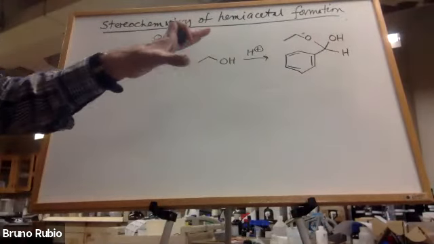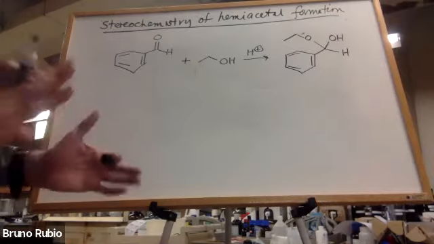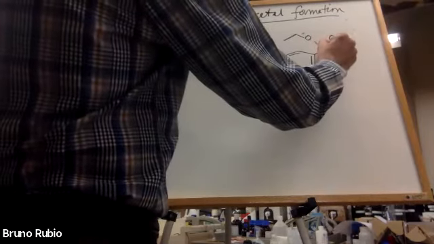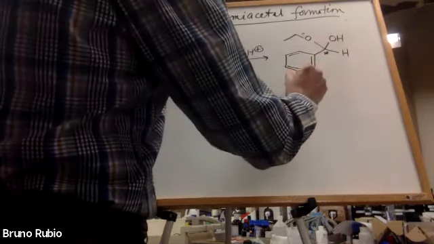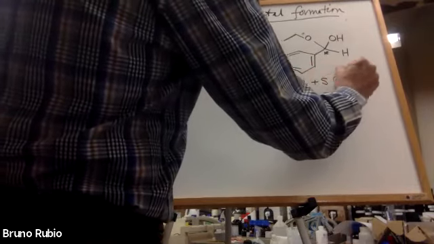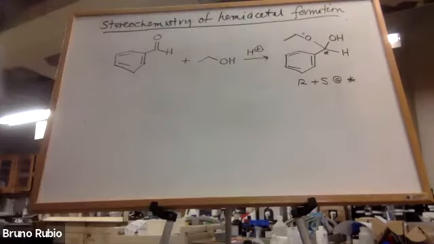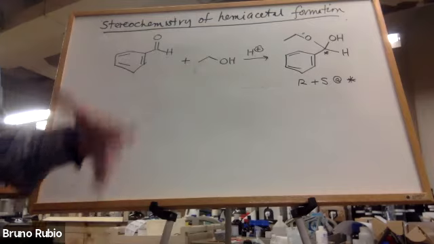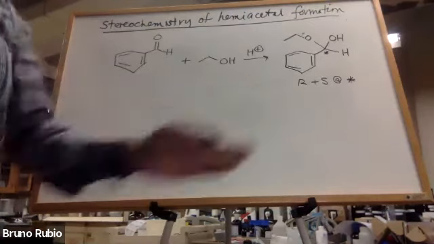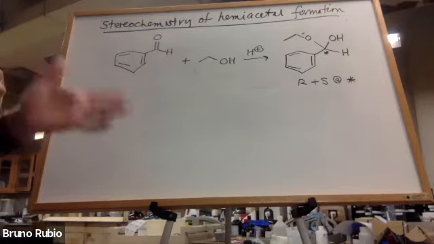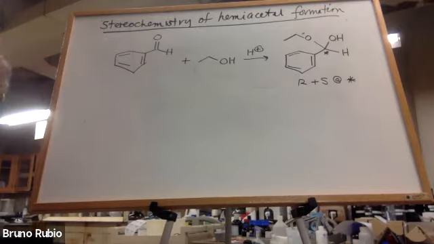So what I've drawn there doesn't have any dashing and wedging, but I do want for you to realize that it's going to be R plus S at that new chirality center that was created, right? I didn't show any dashing and wedging here, but I'm expressing that it's a mixture of enantiomers by telling you you're going to get 50% R and 50% S. Does that make sense? Yes?